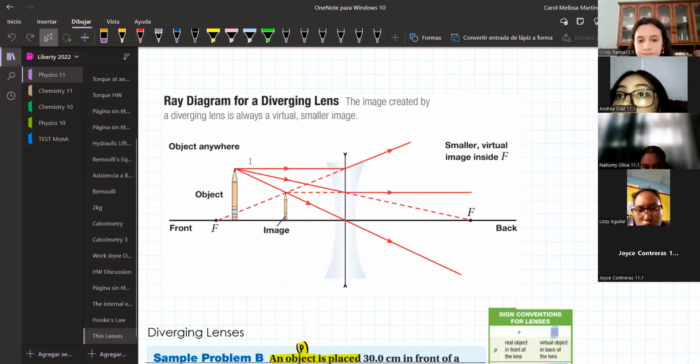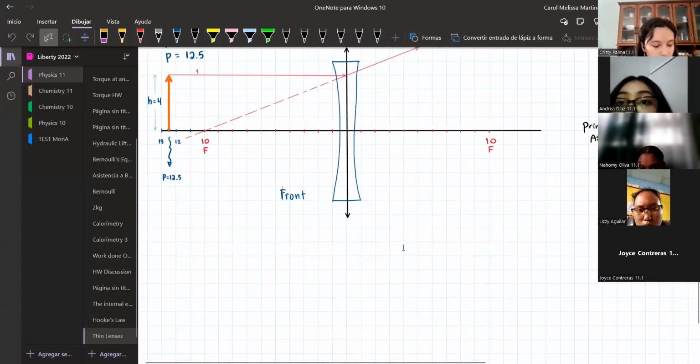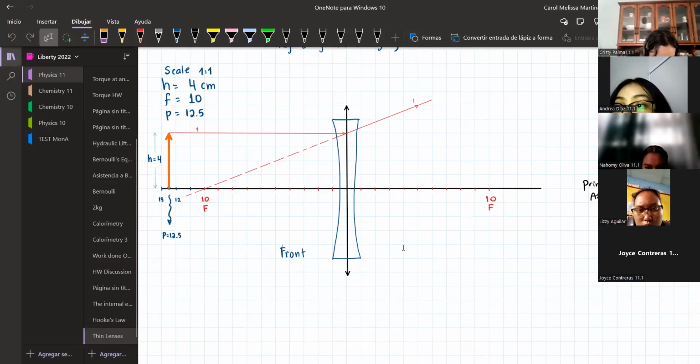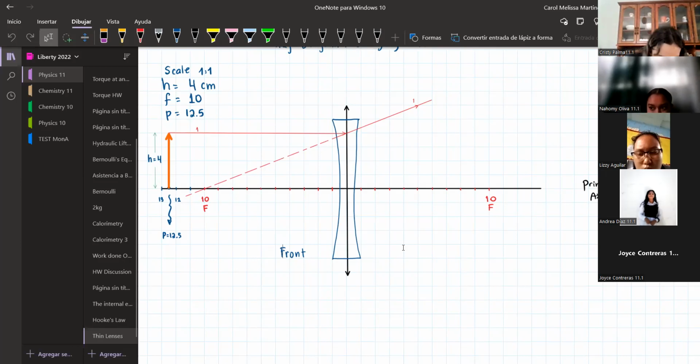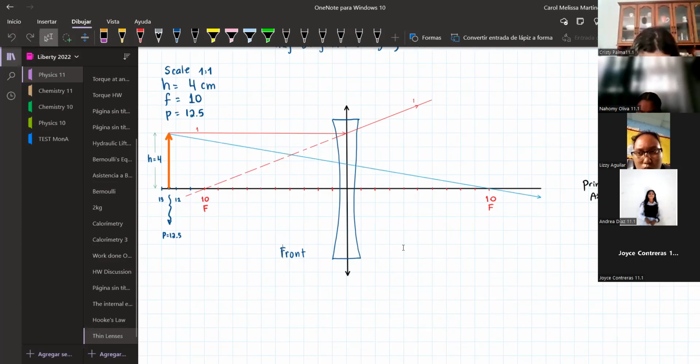It comes from the top of the object to the other focal that is in the back, okay? This second ray, I'll do it. Okay.